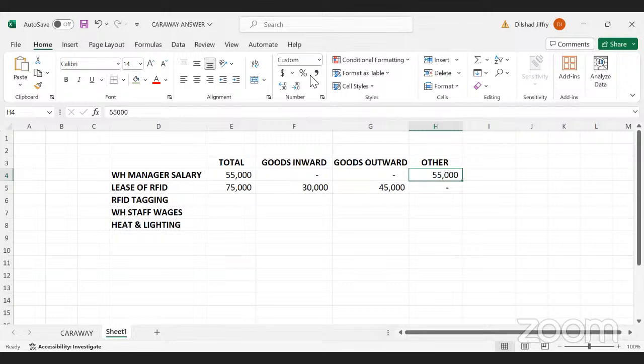You can't say 2.85 staff, no. It has to be rounded off to 3. So 3 into 24,000, 72,000.